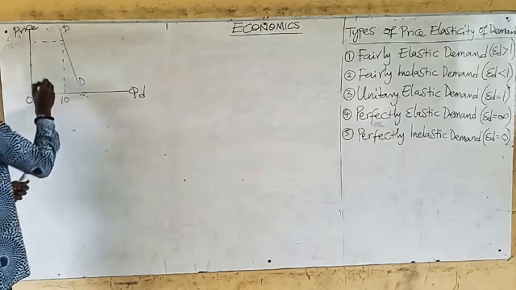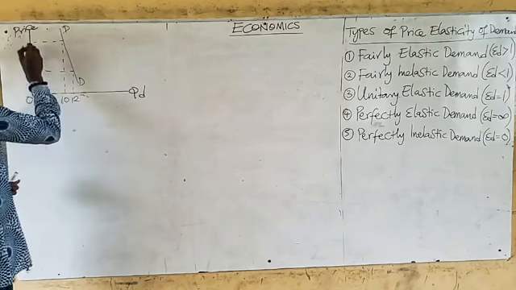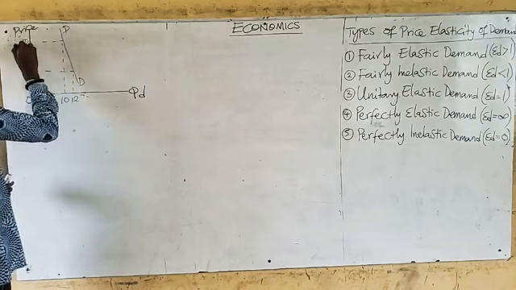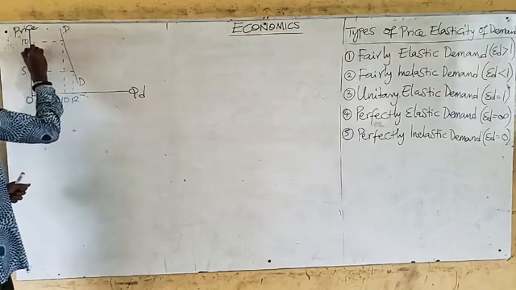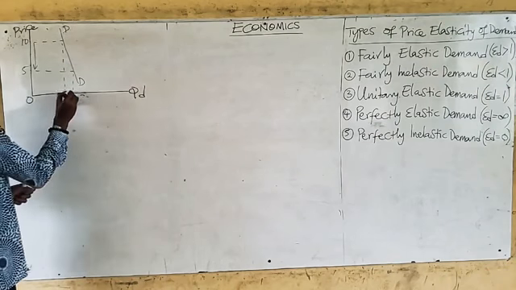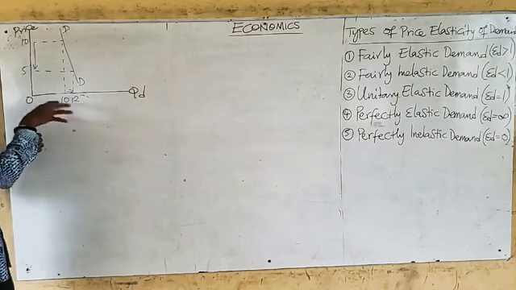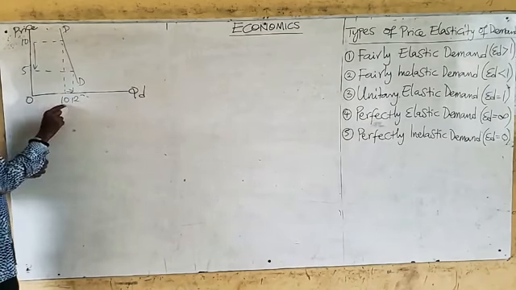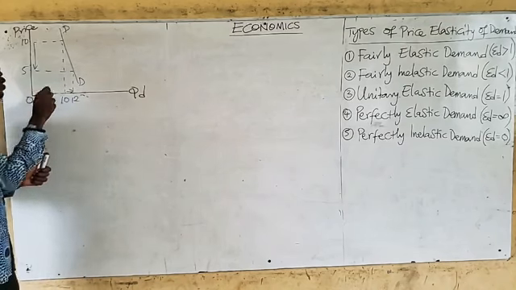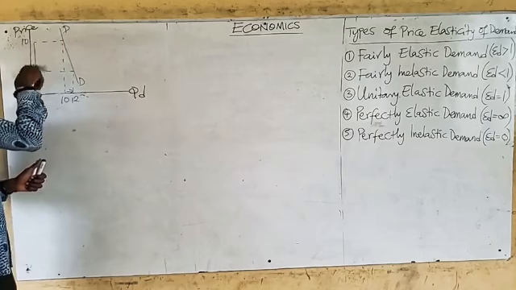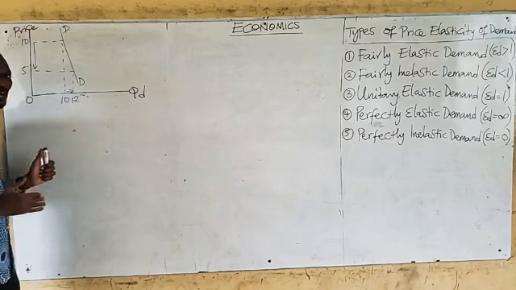Let me write 10 here, and this is 12, and this is 10, and this is 5. Notice that price has dropped, and the quantity has increased. Clearly, you see in the diagram that the gap between the quantities is smaller compared to the gap between the prices. The price dropped so much, but the quantity increased just by a little margin.